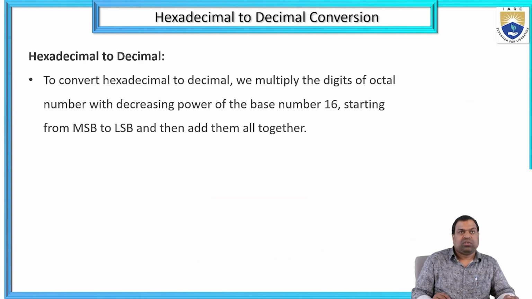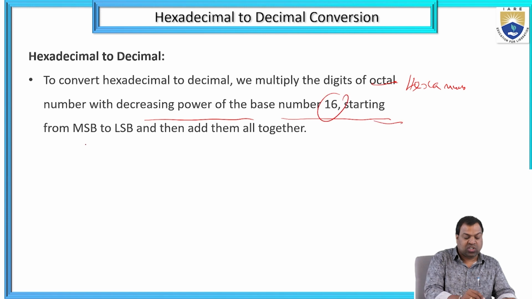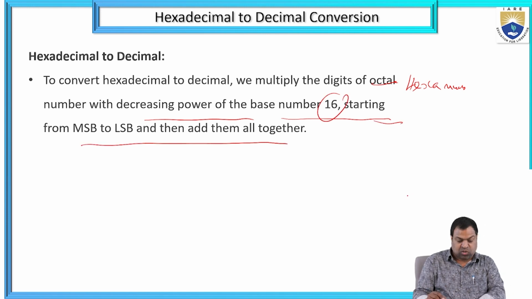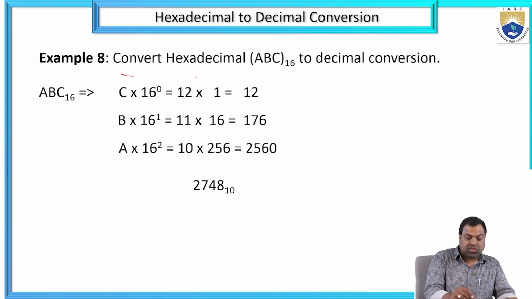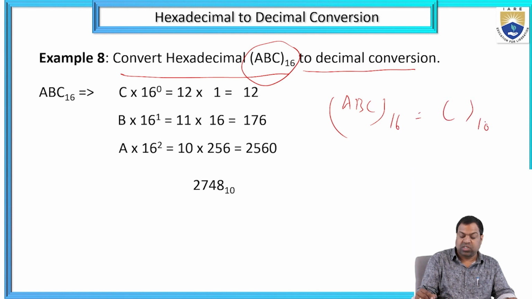Next, hexadecimal to decimal conversion. To convert hexadecimal to decimal, we multiply the digits of the hexadecimal number with decreasing powers of 16, starting from MSB to LSB. So convert hexadecimal ABC base 16 to decimal. Why am I taking ABC here?